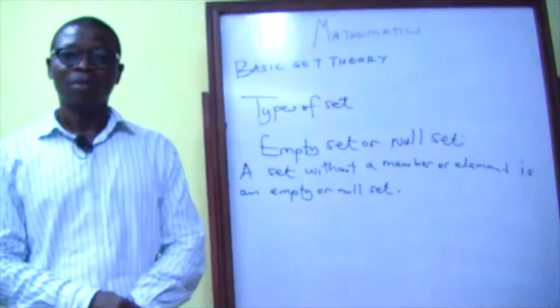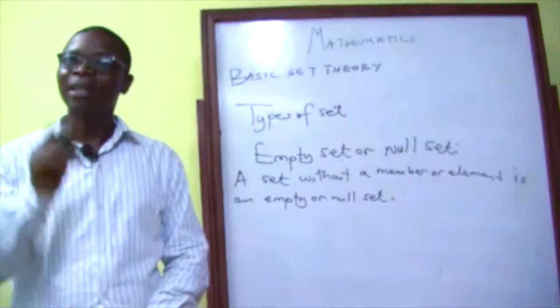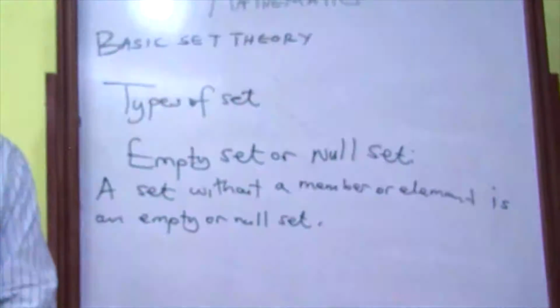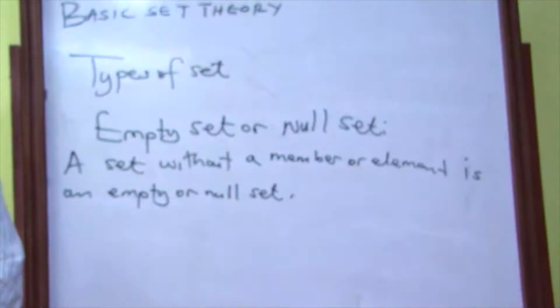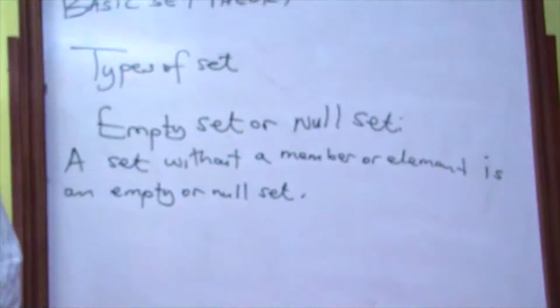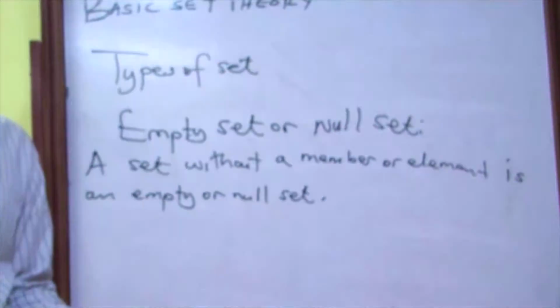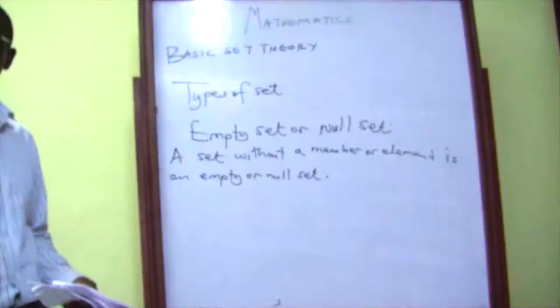A set that does not contain any element is an empty set. Another name for an empty set is a null set. We have 2 symbols that we use to represent an empty set.